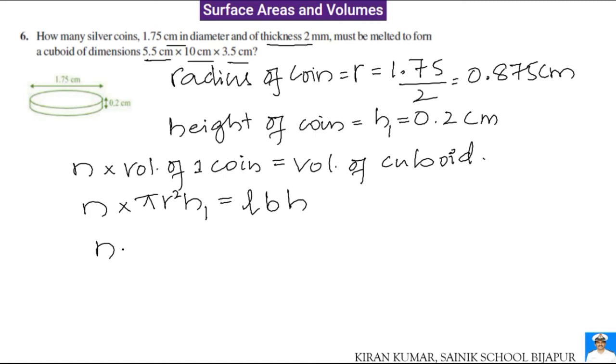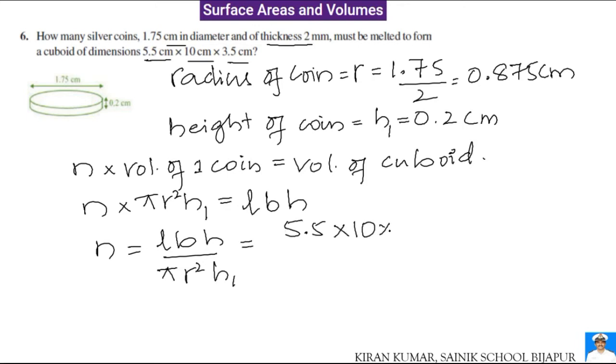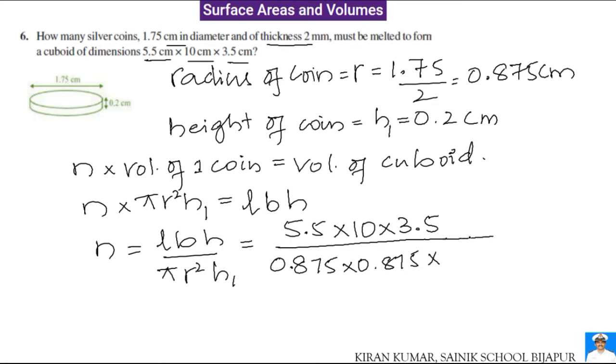So I need to find the value of n. N will be equal to LBH upon pi multiplied by r square multiplied by h1. So length is 5.5, breadth is 10, and the height is 3.5 divided by r square, which is 0.875 multiplied twice, 0.875 into h1.